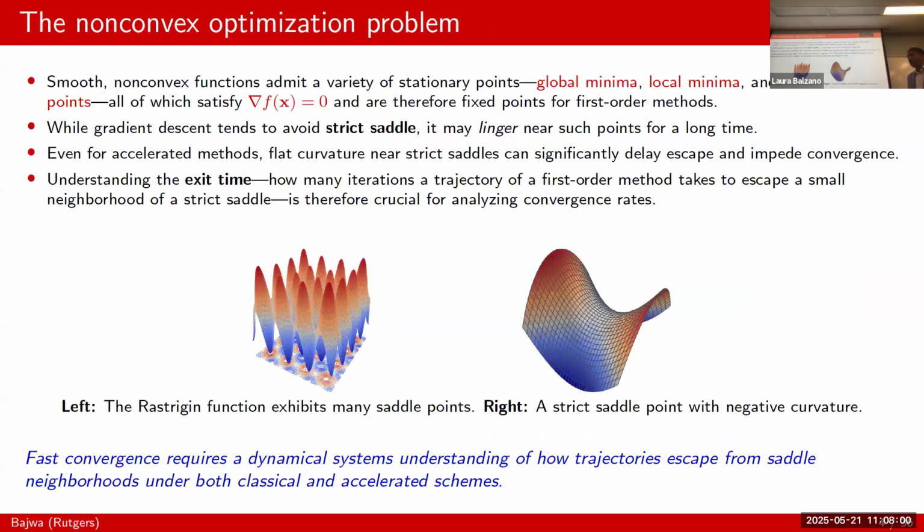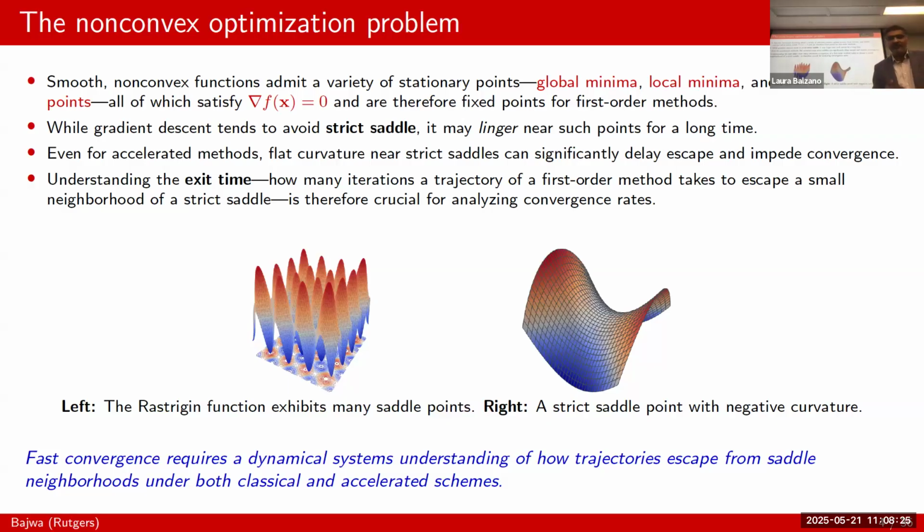In a non-convex problem, for a first-order method, which uses gradient information, we have 3 kinds of stationary points: global minima, local minima, and saddle points. All of these points have gradient 0, which means that if you are using any first-order method, that's a fixed point of your equation. Once you reach there, you get stuck there, right?